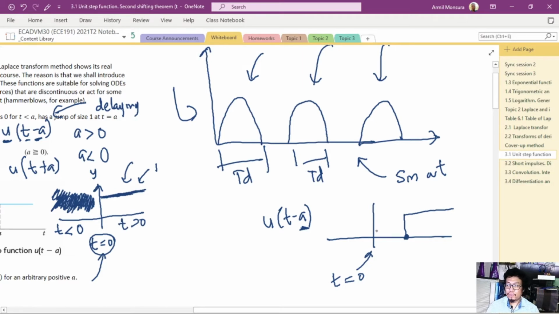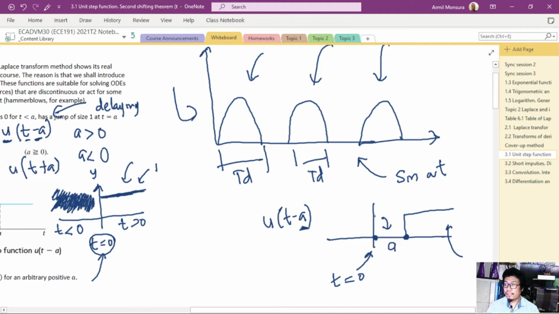So you're trying to also see how your system behaves without the signal, and how it behaves with an input signal. This amount of delay that you put in deciding to switch on the input signal is the parameter a, the delay that you have introduced.